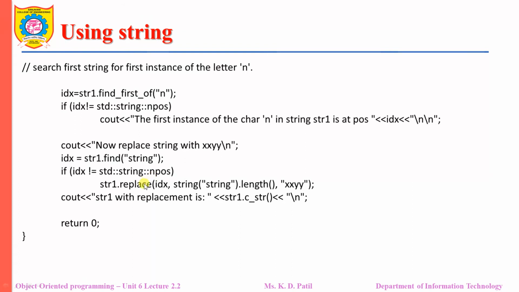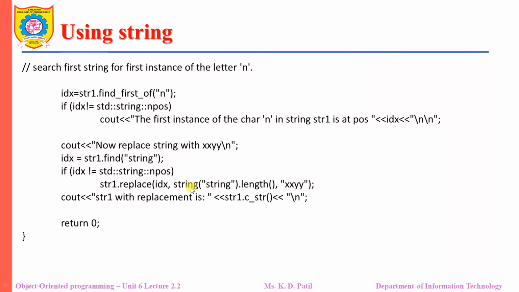After that I will use the replace function of that string class, and I will replace the complete length, the complete string, with that another string xxyy. So I will first find out the index position.